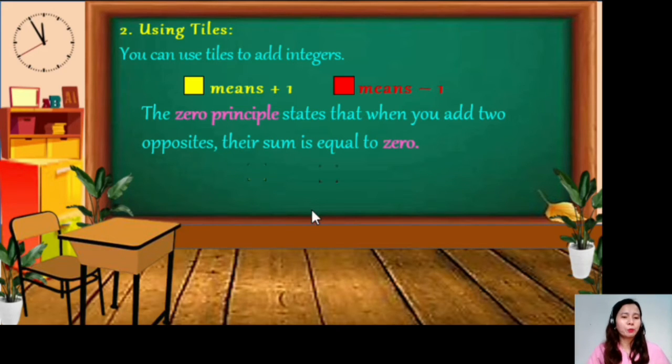If we have one yellow tile, which is positive 1, and one red tile, which is negative 1, that is 0. Another example, negative 6 plus positive 6 is 0. Negative 100 plus 100 is 0. That is the zero principle.